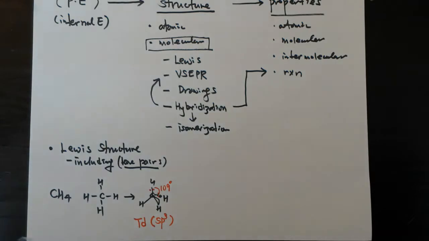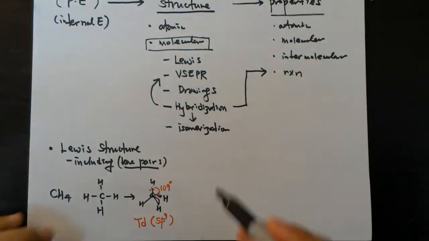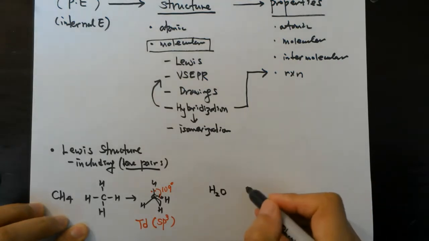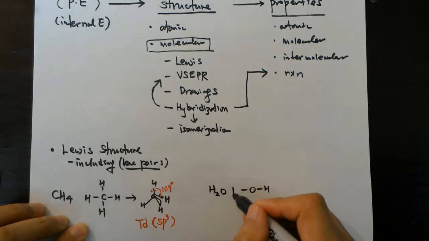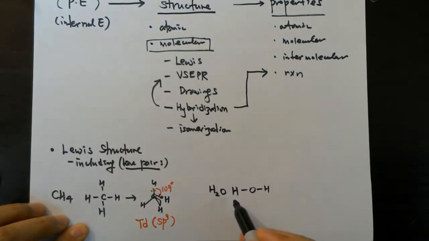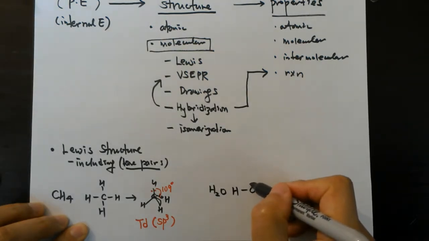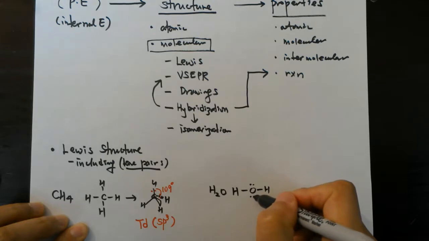If you take another example, such as water, drawing is tricky. You must include the lone pairs, so that's not complete. If you draw a complete Lewis structure, you will not forget the lone pairs.